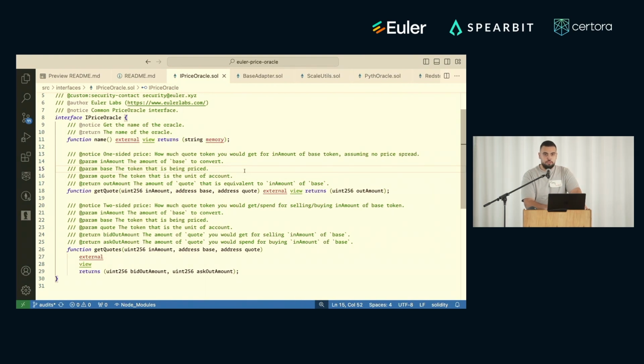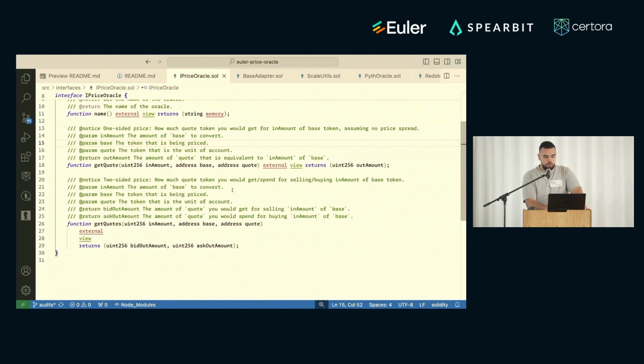And you have to do some mathematics on that price to arrive at a quote, a size-dependent amount. And that mathematics is usually multiplying it by the inAmount, scaling some of the decimals, and possibly rounding up or down.